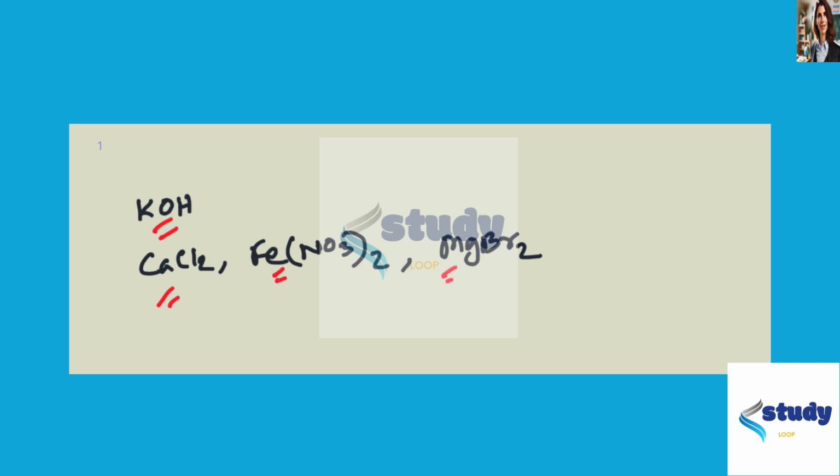To know that, first you have to know what will be the precipitate formed in each case. Since we have three anions in three cases, chloride, nitrate, and bromide, and as we know that most of the halides like chloride, bromide, and also most of the nitrates, they are soluble.